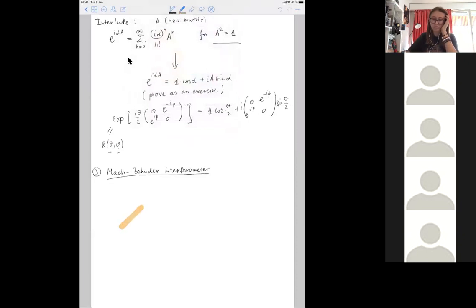So this is a beam splitter, and we shine the beam splitter with some laser beam or photon, and then the beam splitter, with some probability, reflects the beam, and some part of the beam just goes through. And the idea is that you can see the beam splitter as just a quantum gate.